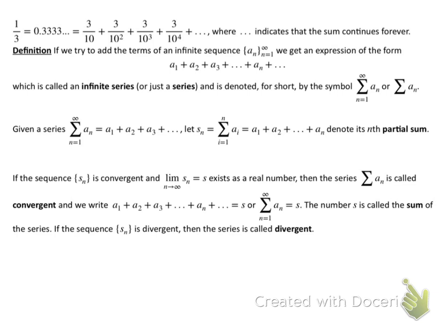So we can just say it's a series, or if you want to emphasize that it is infinite, you can say it's an infinite series. And it's the sum of all the terms of a sequence. So you can denote it with the summation notation, where you are pretty much saying I'm adding them up.